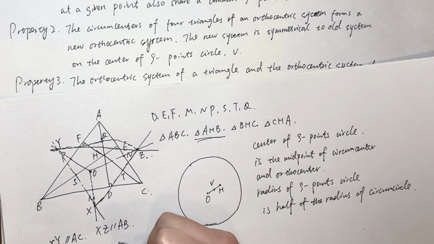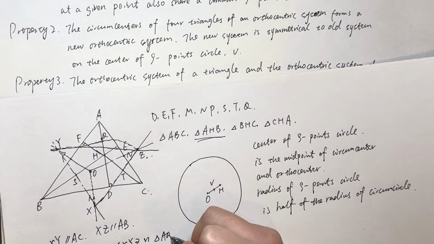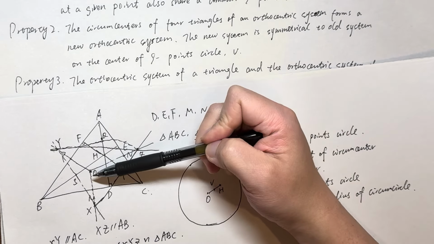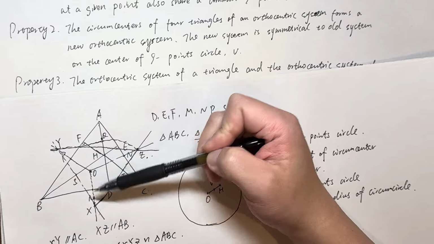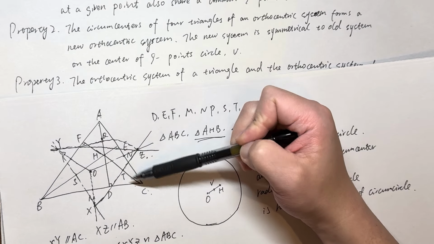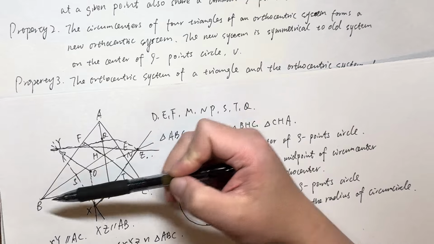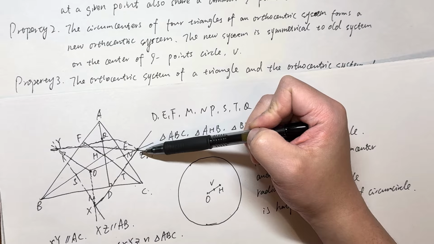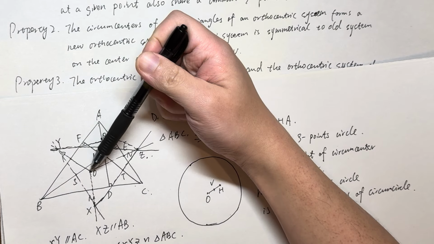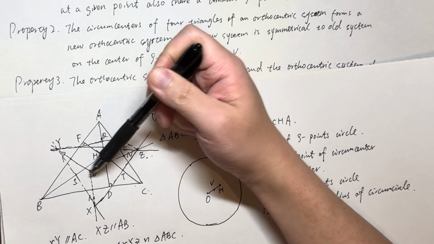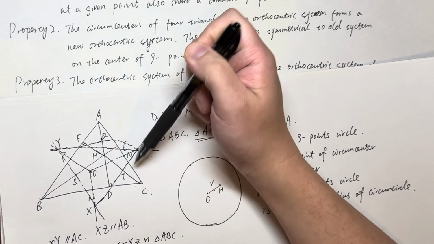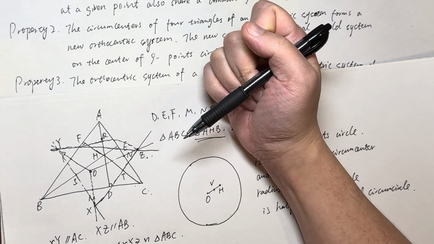So we know that triangle XYZ is similar to triangle ABC. And now, because OX is perpendicular to BC, and YZ is parallel with BC, OX is perpendicular to YZ. Similarly, OY is perpendicular to XZ and OZ is perpendicular to XY, which means O is an orthocenter of the triangle XYZ.